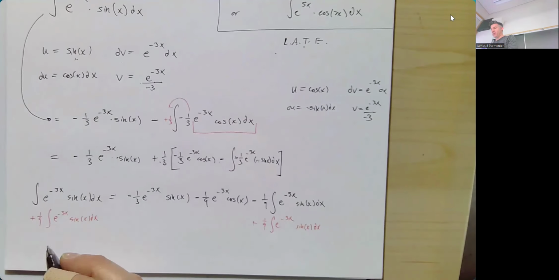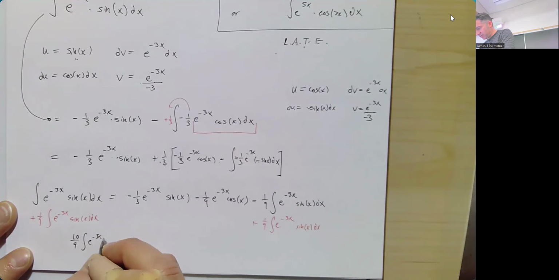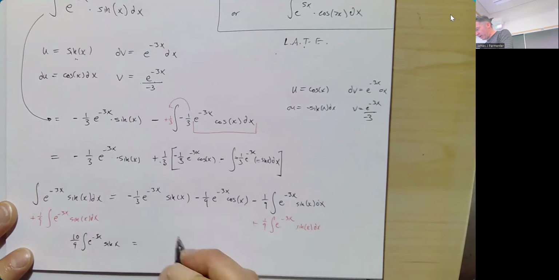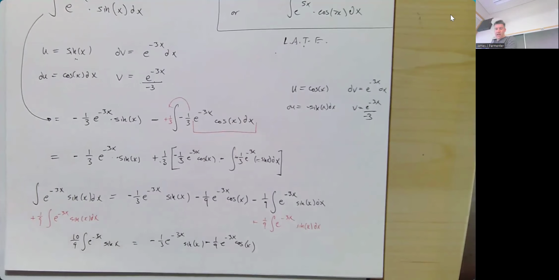And really, I would almost want to skip writing the 10/9 of your integral. This is probably where you could totally skip a step. 10/9 of your integral is equal to all this: -1/3 e to the -3x sine of x minus 1/9 e to the -3x cosine of x. And then finally, multiply both sides, but don't divide by 10/9, multiply by 9/10.